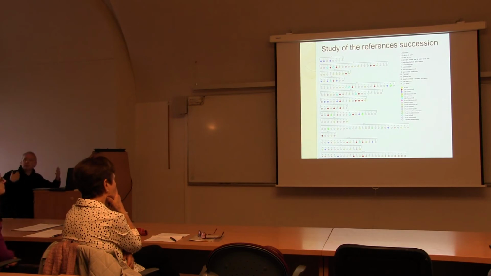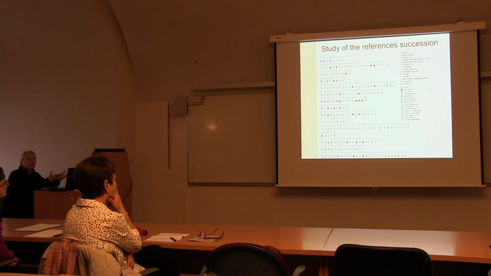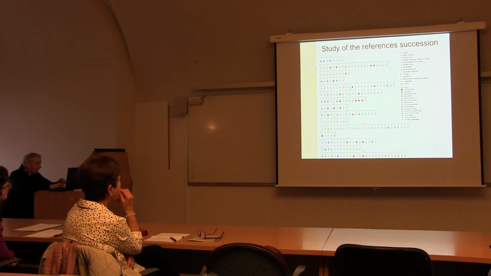If we come to text structure, the extension of these graphics for the whole text is there. And there we have one line per paragraph of the text. And for instance, we can see that it is a short text.